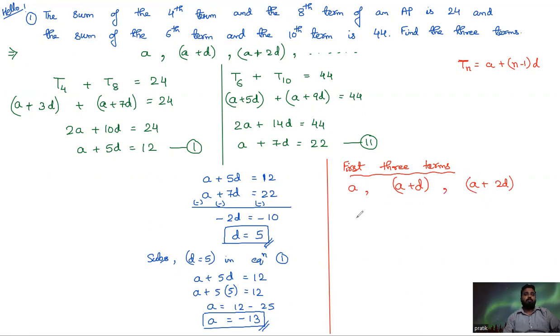On substituting, you get minus 13 as the first term. Then minus 13 plus 5, which is nothing but minus 8. You can just keep adding plus 5 to it. Please keep it in brackets, easier to understand. And this is nothing but minus 3. So that's your first three terms. You can go ahead finding many more, whichever is required.